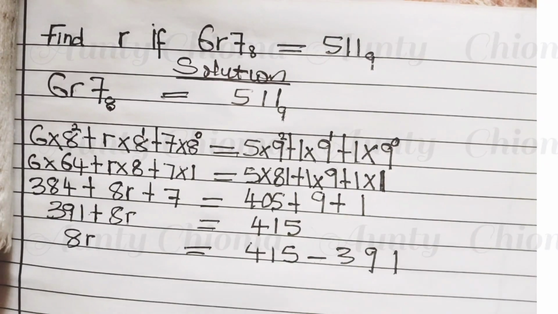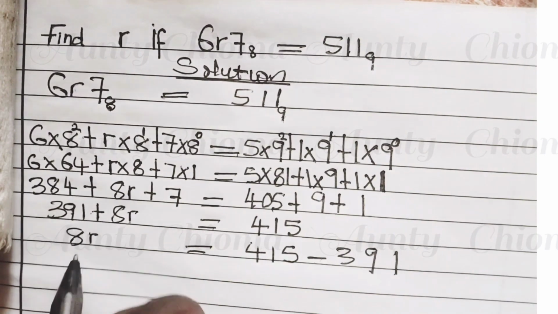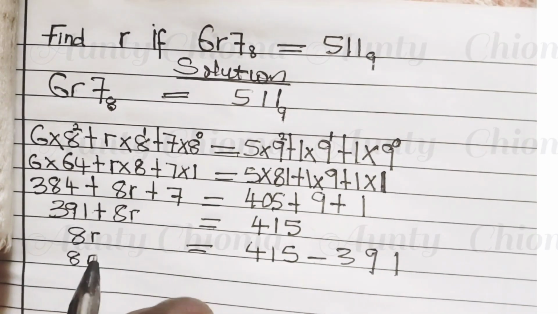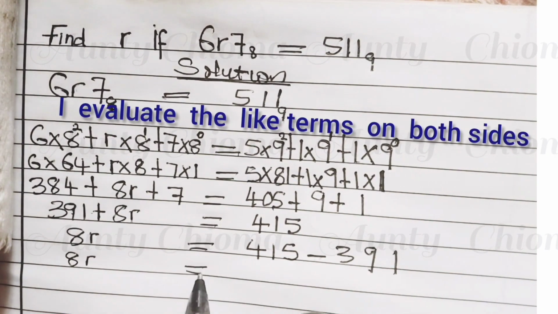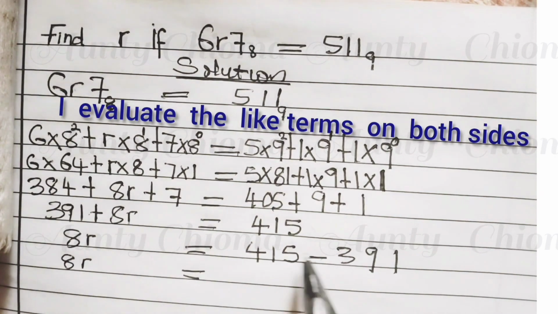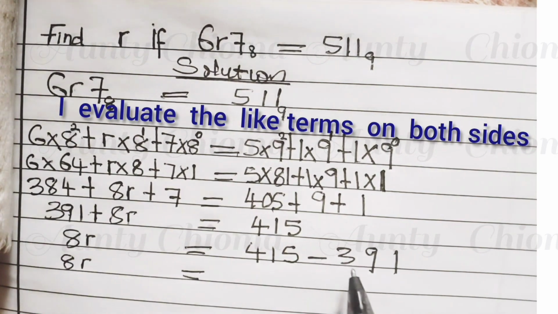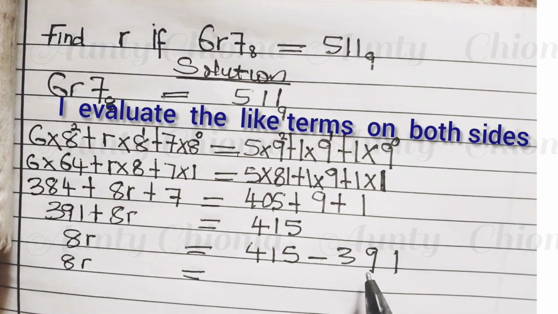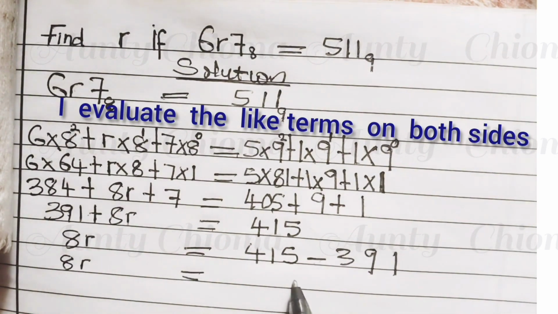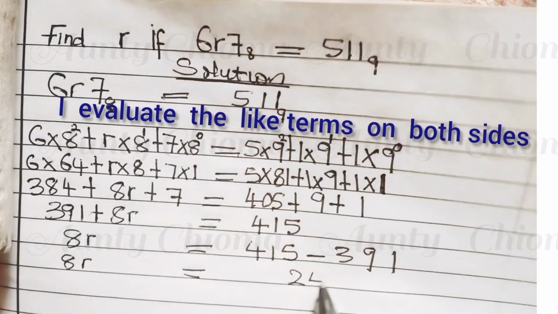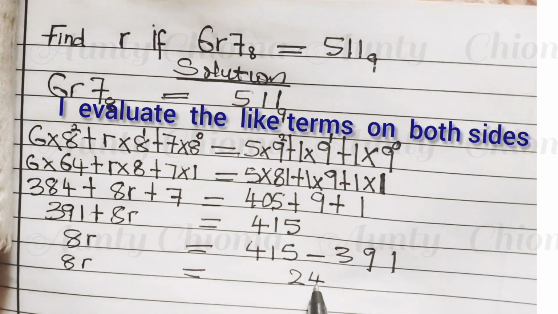I continue. I carry down my 8R. 8R is equal to, I do operation here. I say 415 minus 391. It will give us 24. So what I have here is 24.